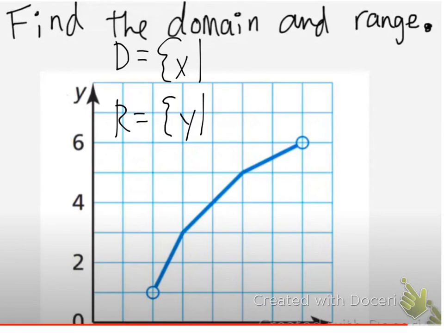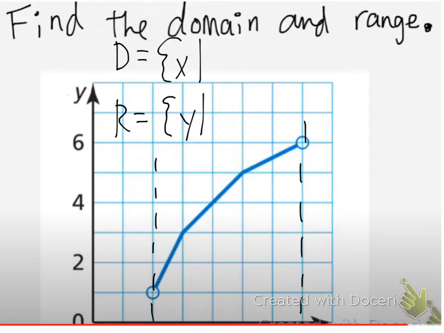So what's my smallest x value represented by the graph? 2, right there, correct? What's my largest x value? 7, right? 1, 2, 3, 4, 5, 6, 7. Yeah. So, my x values need to be greater than 2 and less than 7.